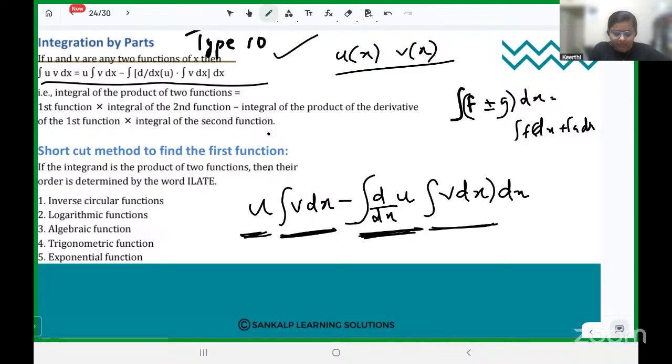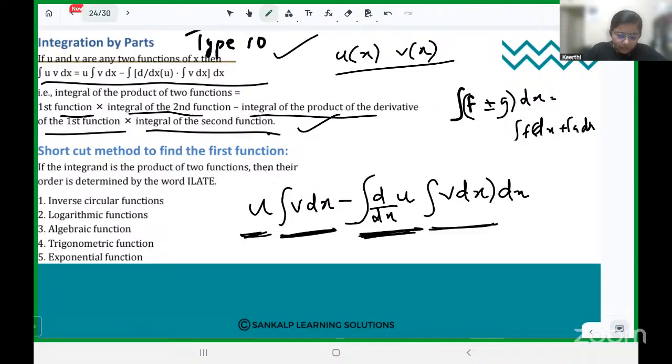This rule is actually easy. If you do more problems on this, you'll be thorough with this rule. So that is given here: first function into integral of second function minus integral of the product of the derivative of first function and integral of the second function.